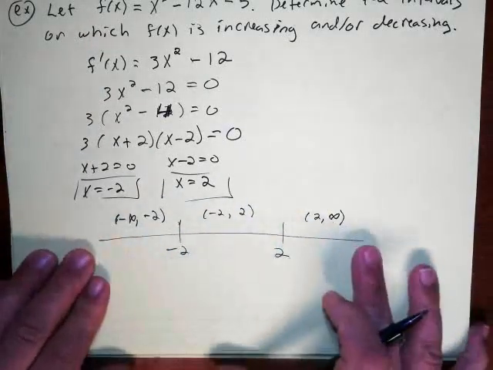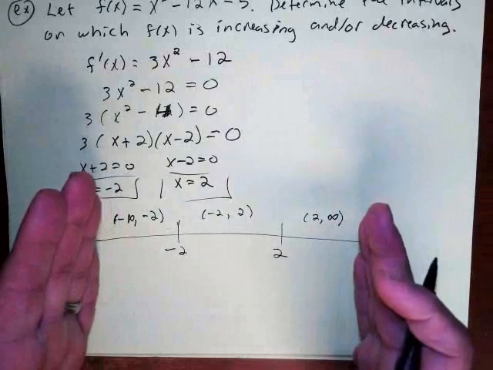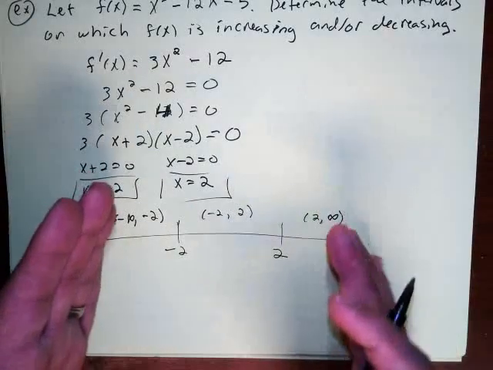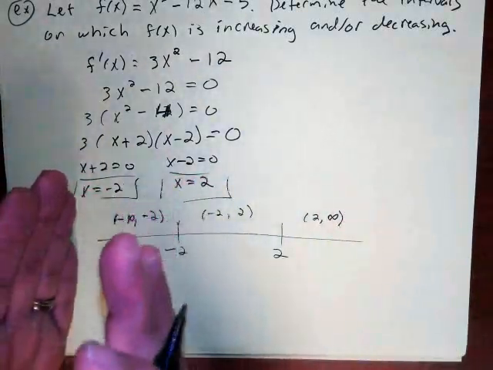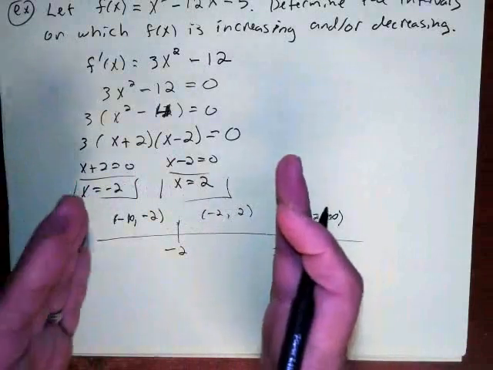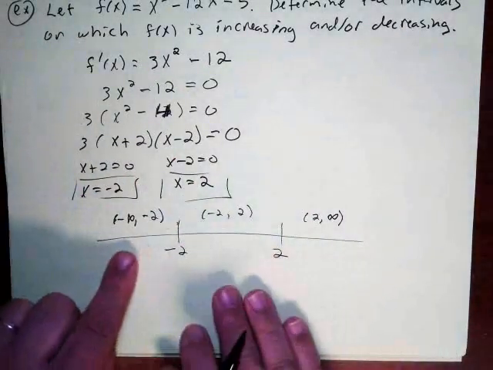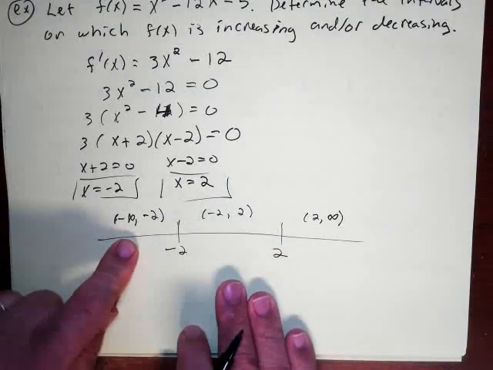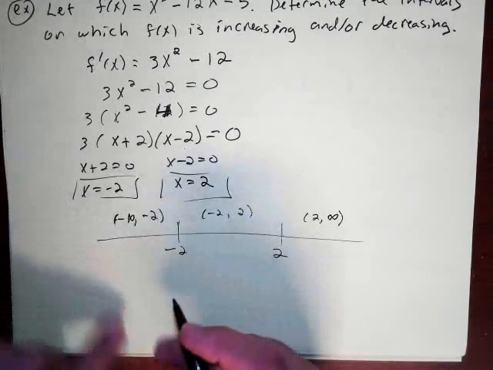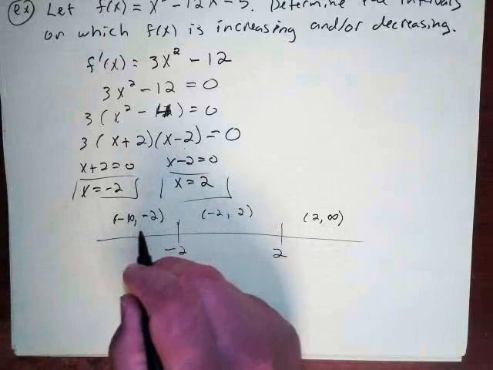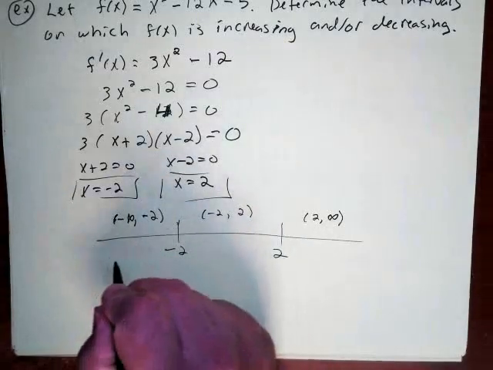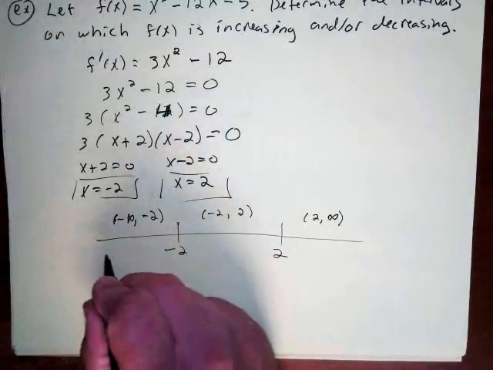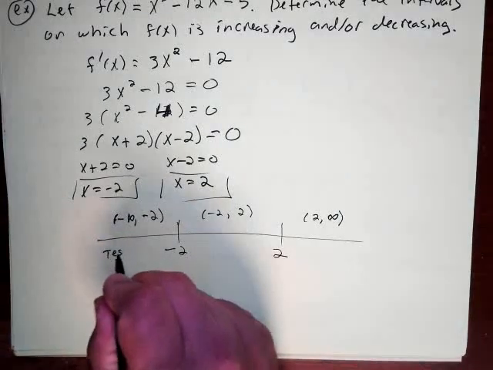So this breaks up the domain of the original function, okay, and now I know the derivative is 0 at these points. It's continuous over the range. So all I need to do is test at one point over here to see if the derivative is positive or negative. Okay, so what I can do is just pick one value.